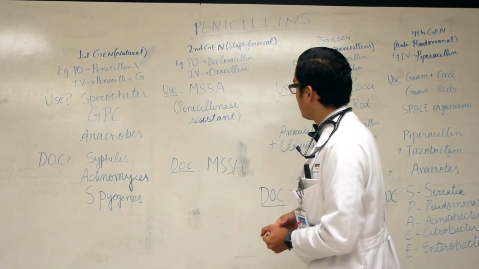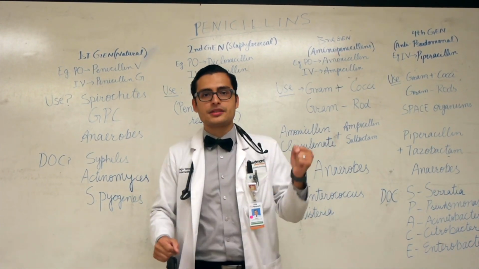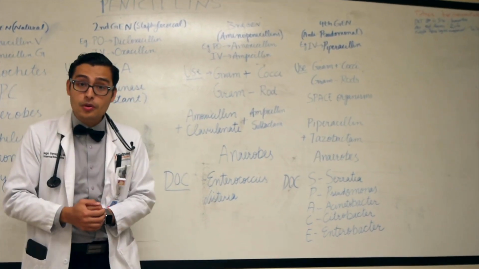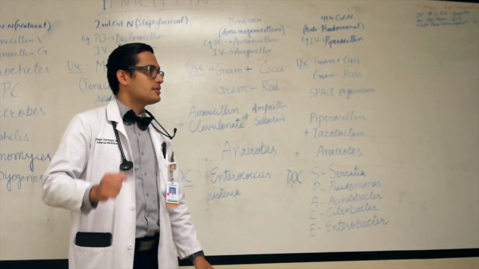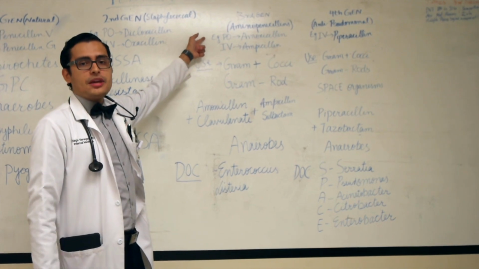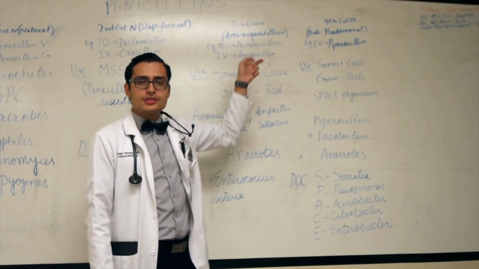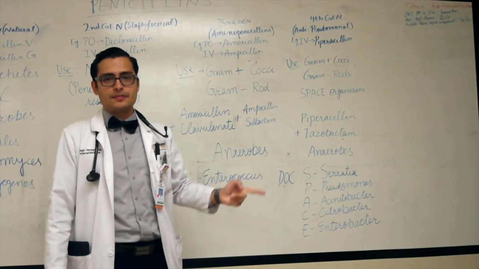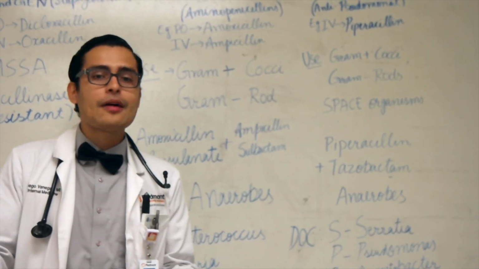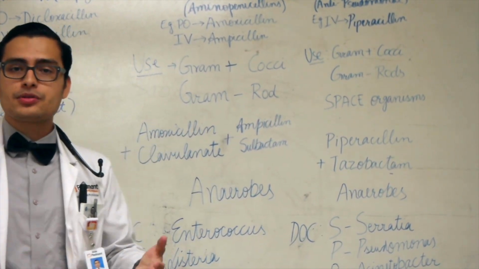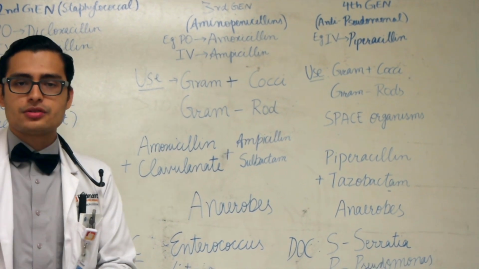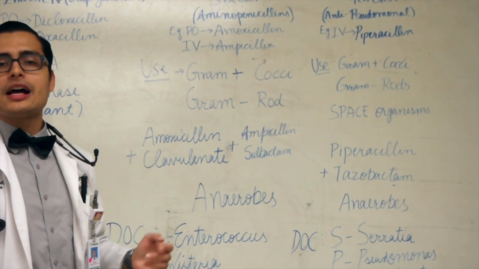Okay? Let's move to the third generation of penicillins, the most commonly used, the aminopenicillins. Two examples, PO and IV: PO amoxicillin and IV ampicillin. I know you can also have ampicillin PO, but the absorption in the gut is not that good, so that's why we use these examples.